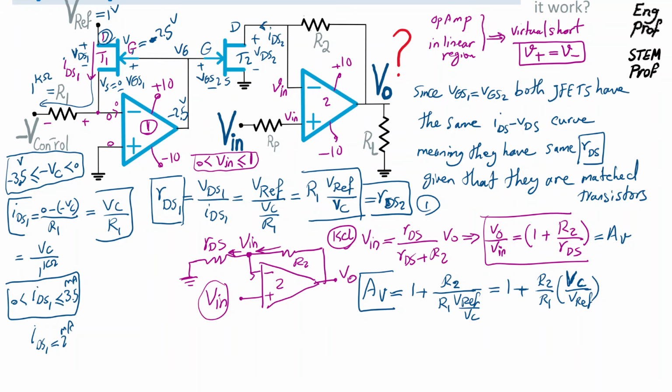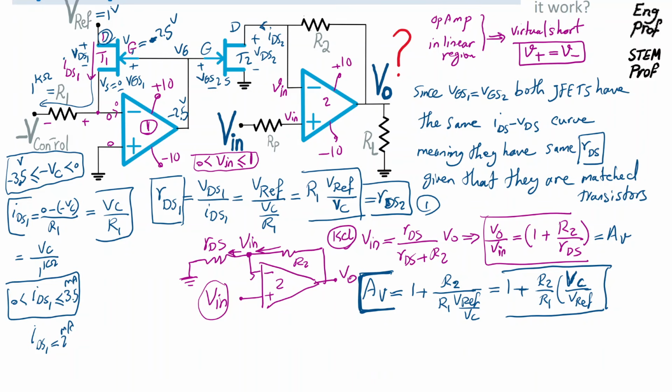So the gain of the amplifier AV is a function of the values of R1 and R2, which are fixed, for example, and also the control voltage that we can electronically adjust, and a fixed Vref. You can see that AV is linearly proportional to VC.